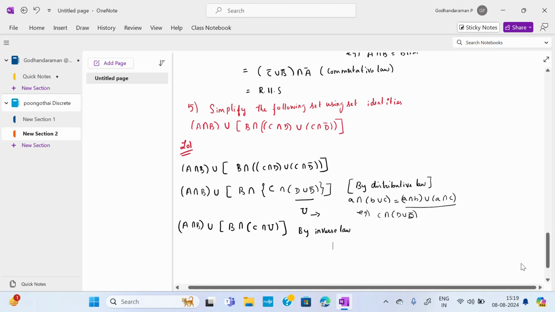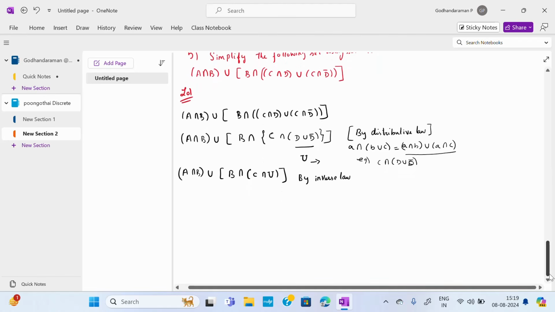Same way, next you have to make it very simple. Now check it: B intersection C intersection union the universal set. What is your identity law? Let me recall the identity law.